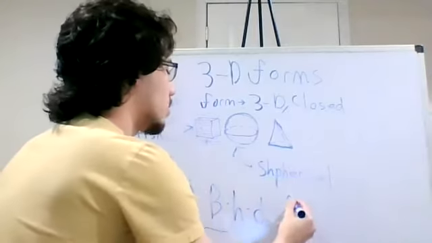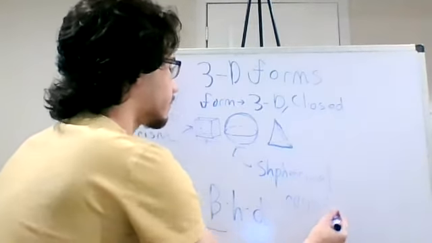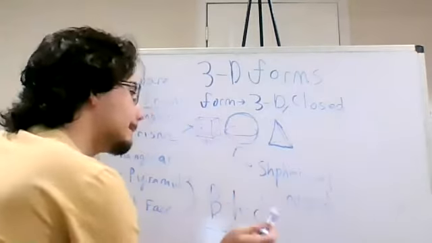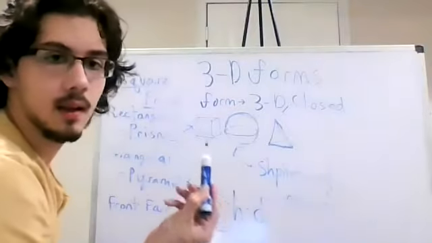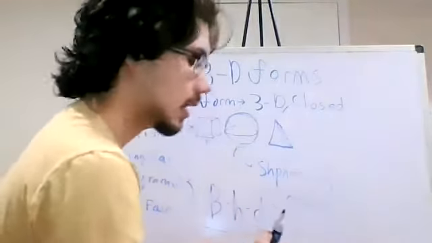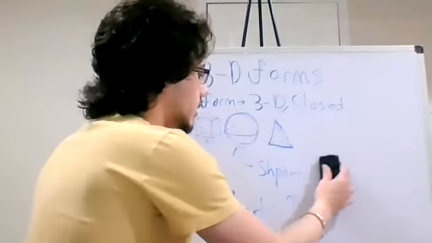Or in other words, round. As of right now, spherical or round are the ways that'll make most sense to describe, because when a shape is round, it's generally symmetrical in a sense.